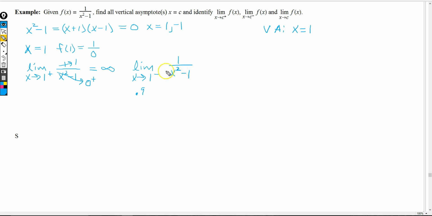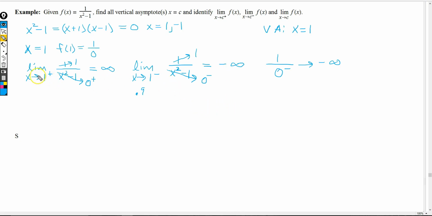So this is going to be a small negative number. So we see that this is approaching 0 from the left. The top is always approaching 1. And so this is behaving like 1 divided by a very small negative number, which is going to negative infinity. So we can say that this is equal to negative infinity.